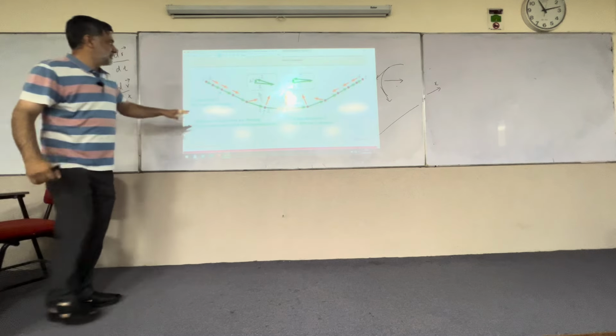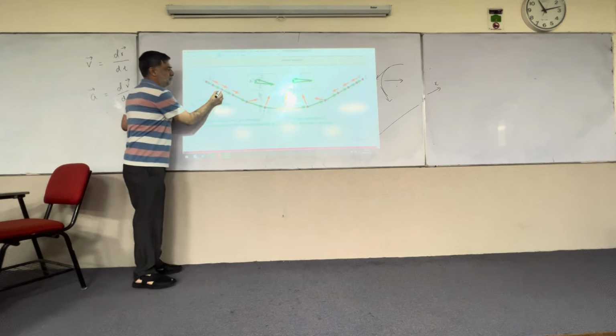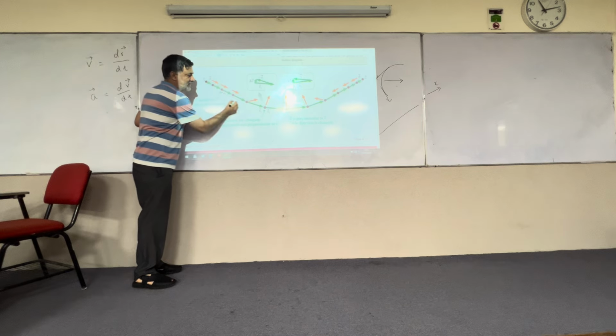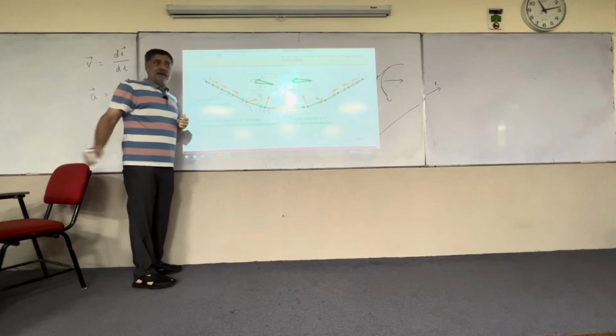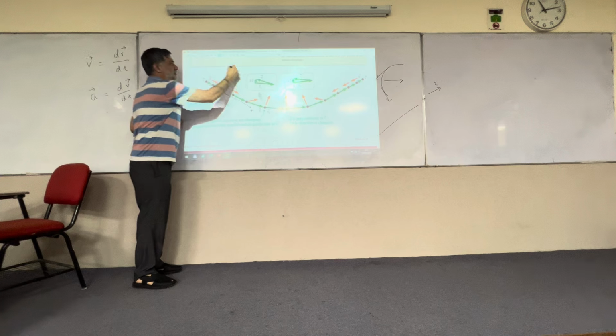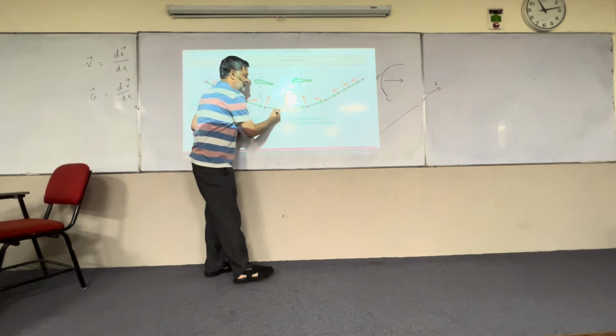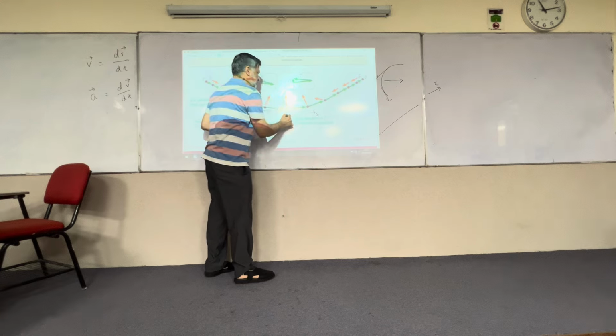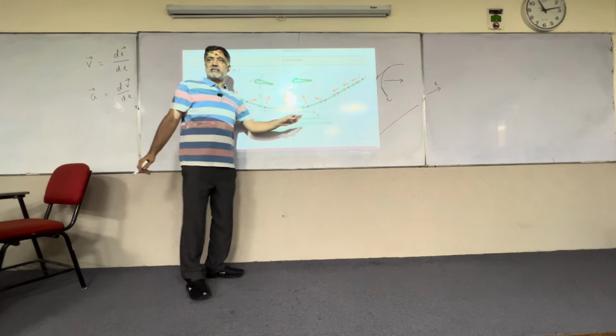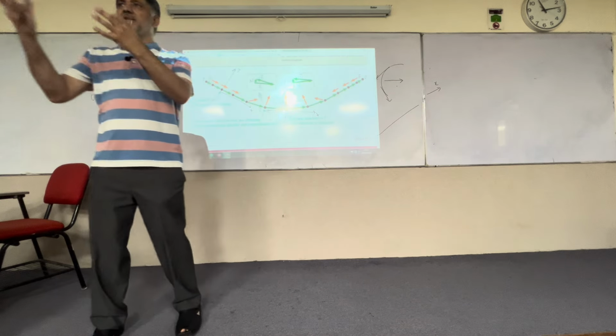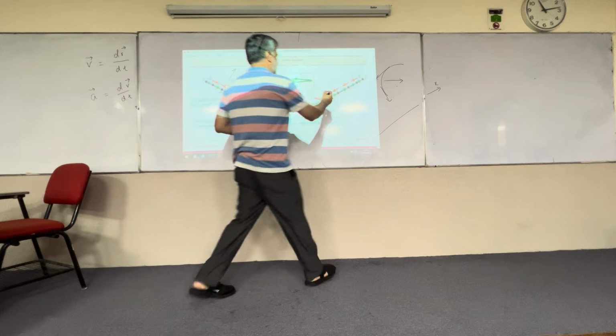Think about this. Let's say here I use this as my x-axis and this is my y-axis. What will be the case here? This is my x-axis, this is my y-axis, and this x and y are changing with time.